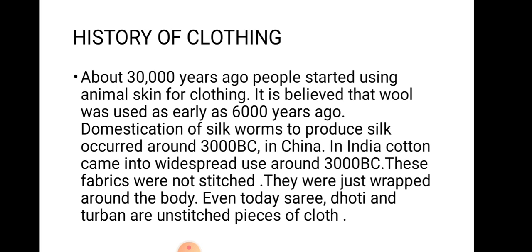In India, cotton came into widespread use around 3000 BC. It means 3000 BC, before Christ. We say BC means before Christ. So 3000 years ago, India started the use of cotton.